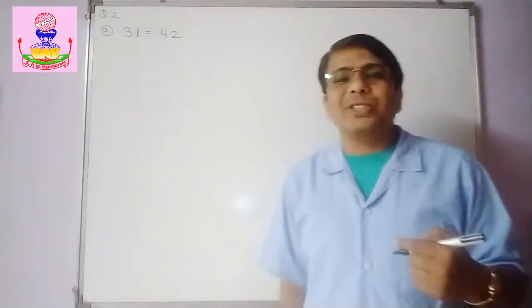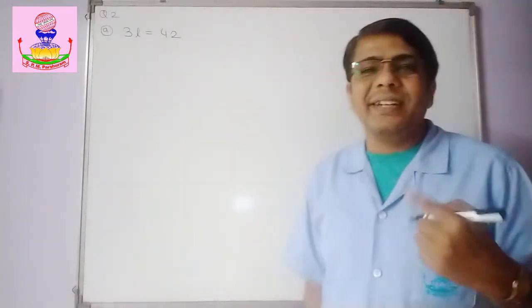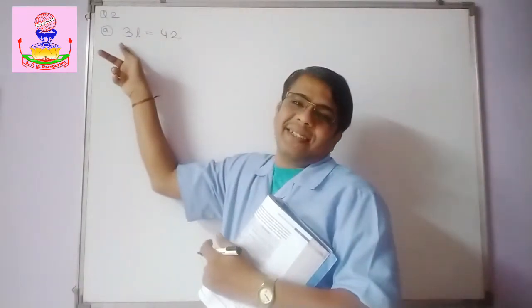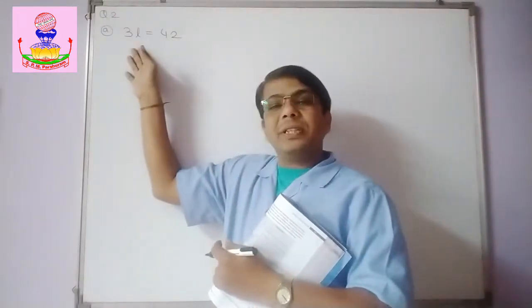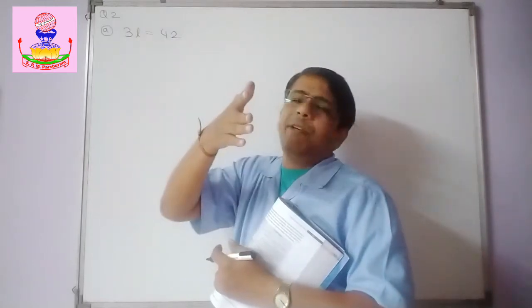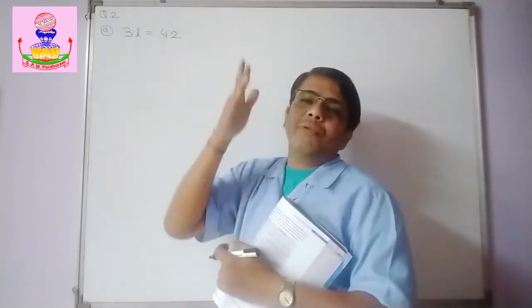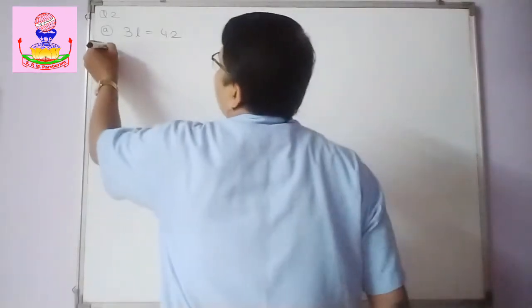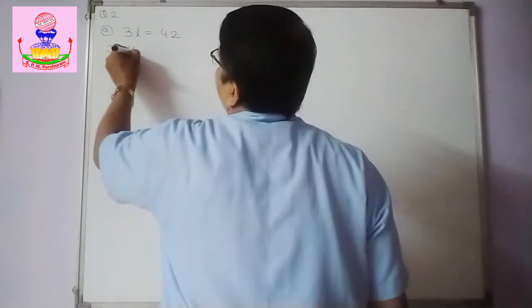Multiplication. So, opposite of multiplication is division. So, I want to find L. That means I don't want this 3. So, how can I remove this 3? Yes, definitely. You can remove it by dividing. So, divide both sides. So, that is my step.